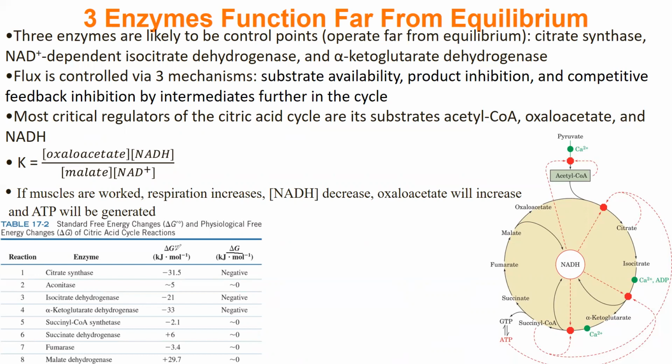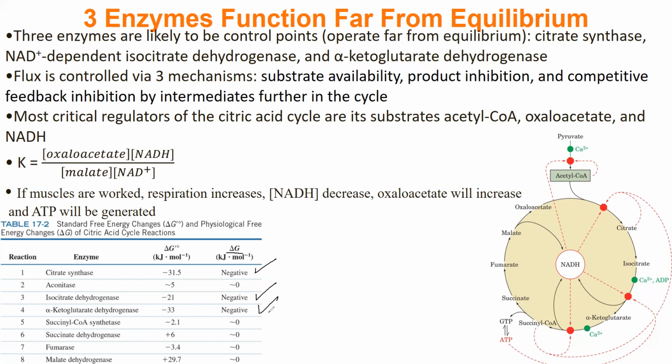Delta G not prime is just standard conditions we use to compare different enzymes. What we really care about when we talk about regulation is delta G itself. There are 3 enzymes that are not near equilibrium that can be regulated: enzyme 1, enzyme 3, enzyme 4. So citrate synthase, isocitrate dehydrogenase, and alpha-ketoglutarate dehydrogenase. These will determine flux for us.